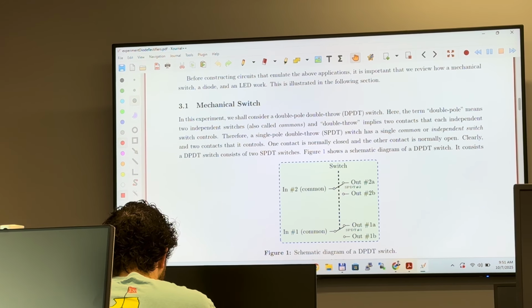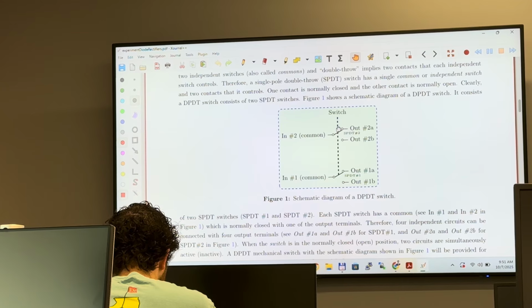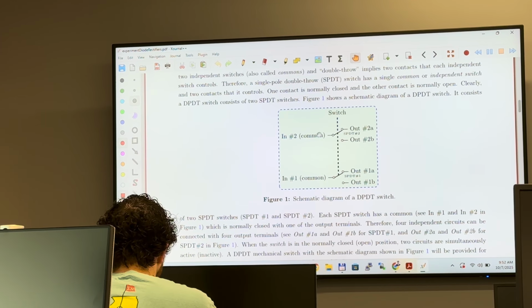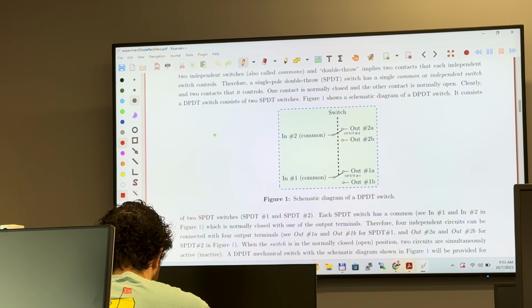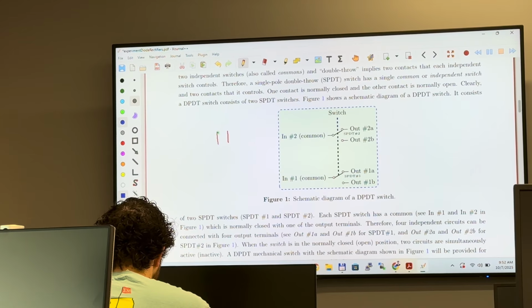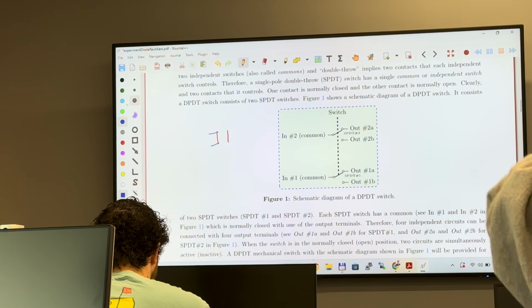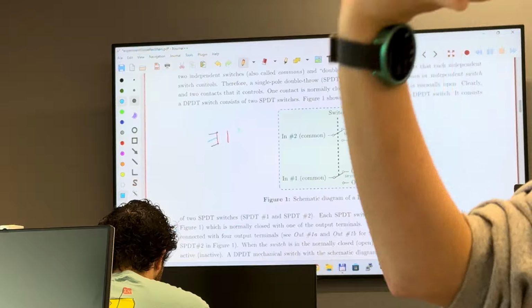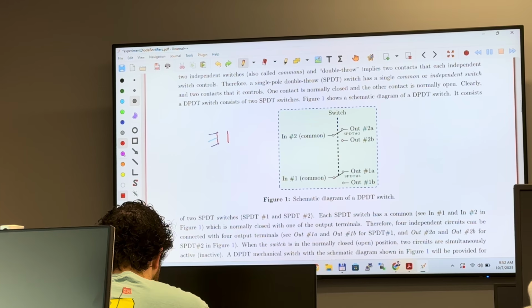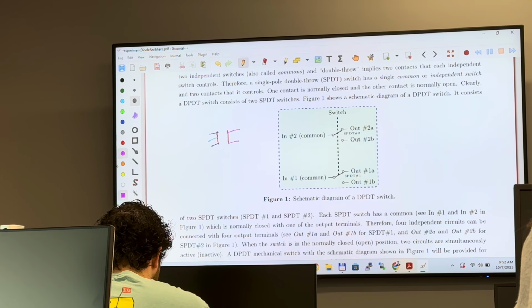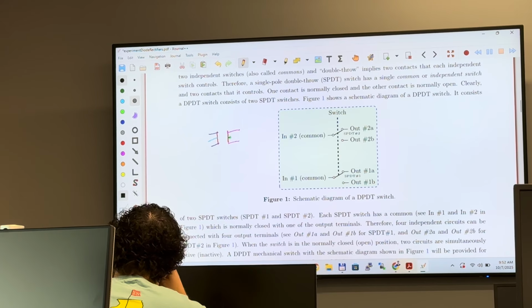Mechanical switch that you will see. You will be given mechanical switches, and those are double pole, double throw switches. So in the lab you will see that you have two sides, and on one side you see 1, 2, and then you have different colors, and on another side you will see another color.